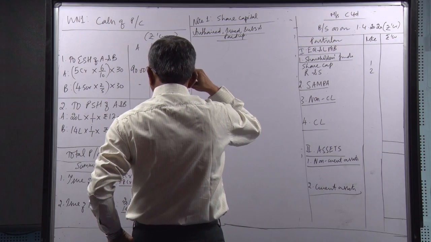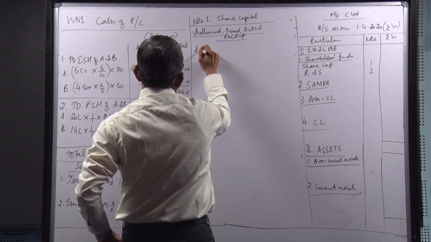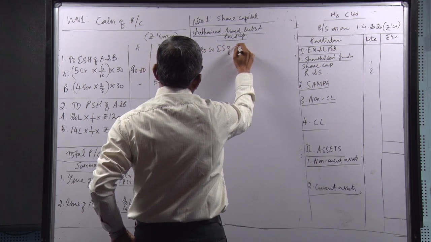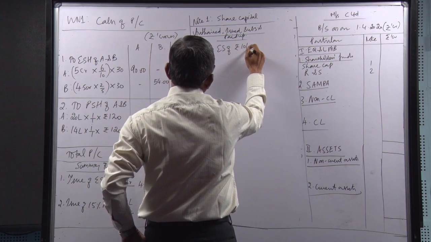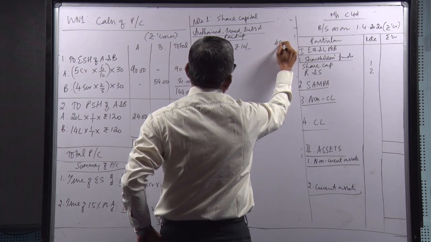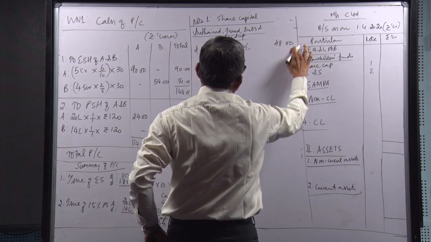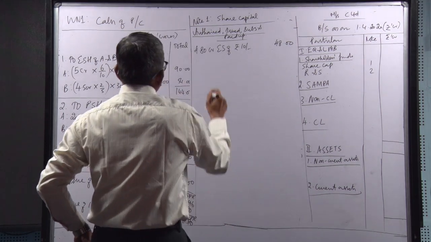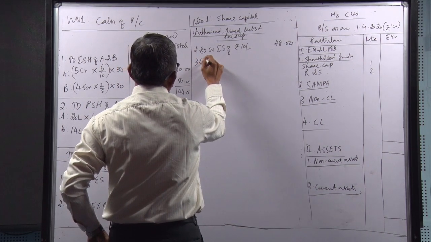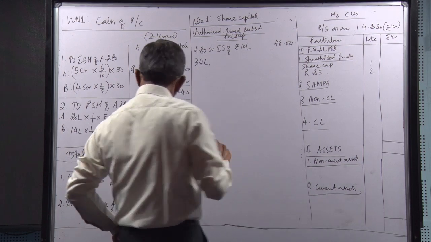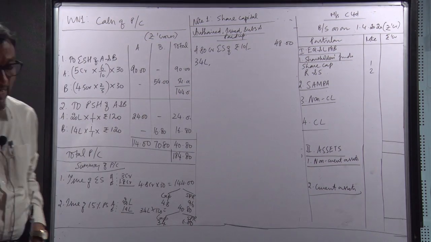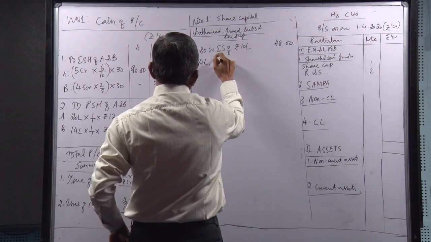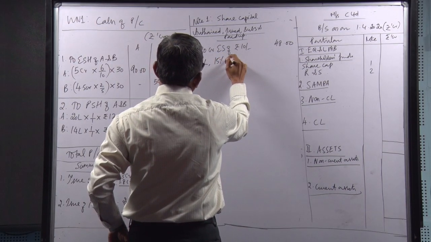How many equity shares have been issued? 4.8 crores equity shares of rupees 10 each. That is 48 crores. 34 lakhs, 15% preference shares of 100 each.